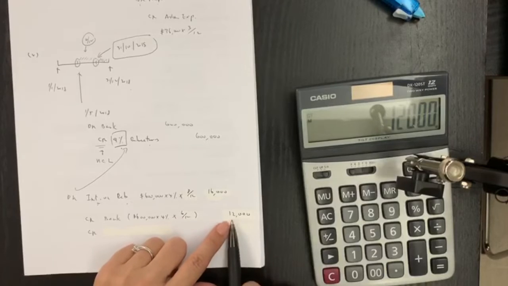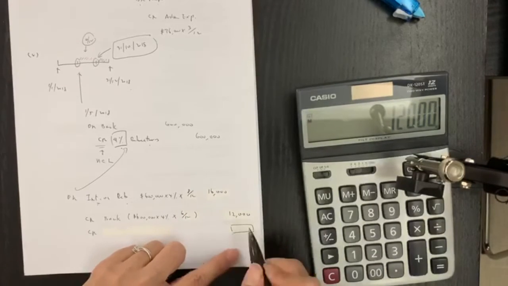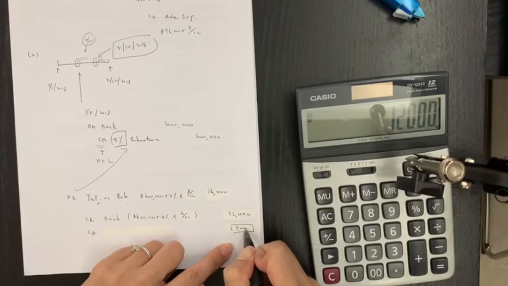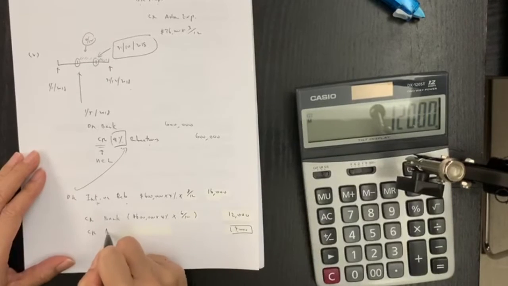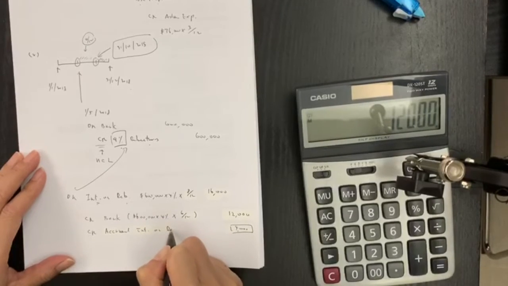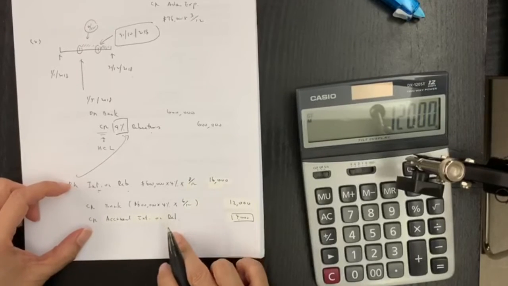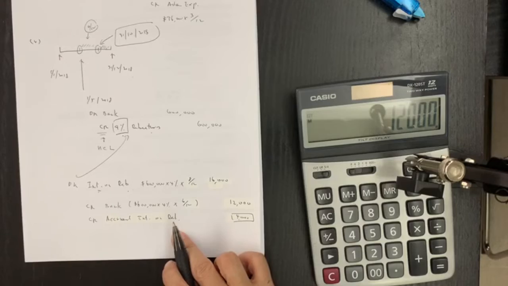You can see 12,000 is not enough for 16,000. So we owe 4,000 as accrued debenture interest. Now, this is the analysis of debenture interest.